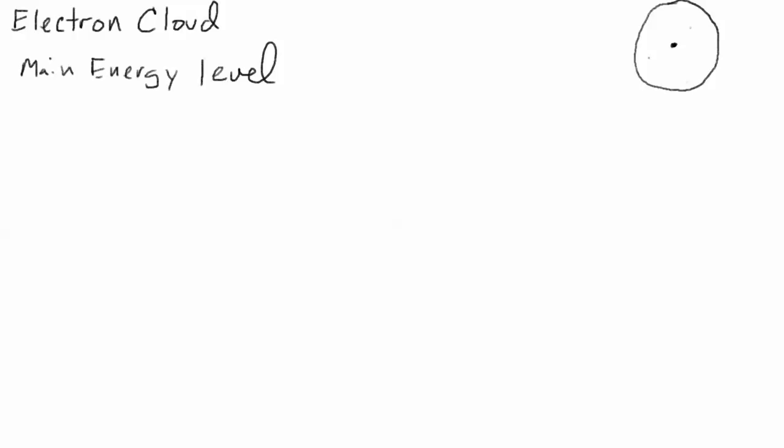If we discover some more elements eventually, it's possible that it could go up higher, but for every element we've discovered so far, it's 1 to 7. And it basically describes the overall amount of energy that's in the electrons in that orbital.